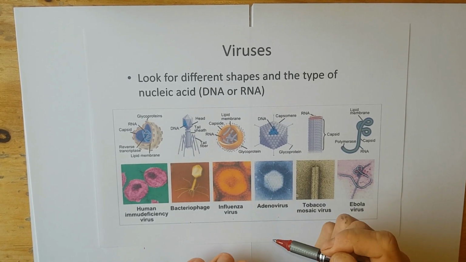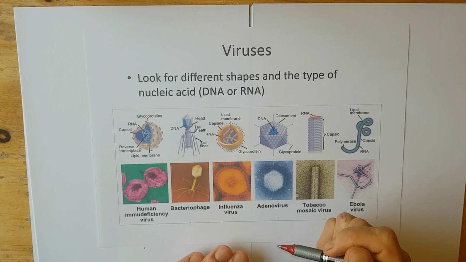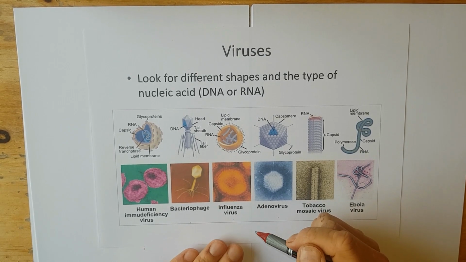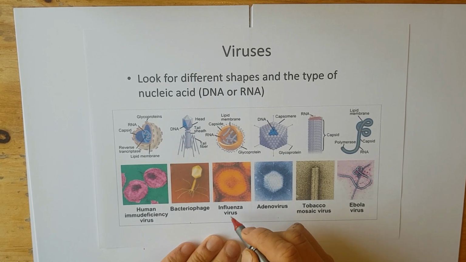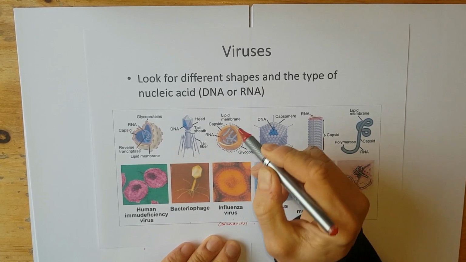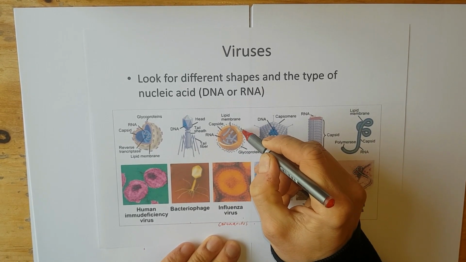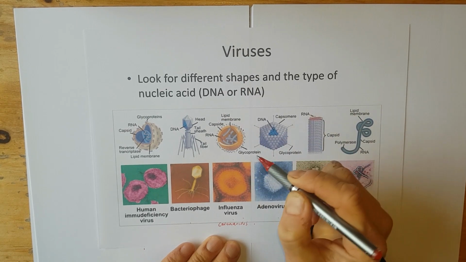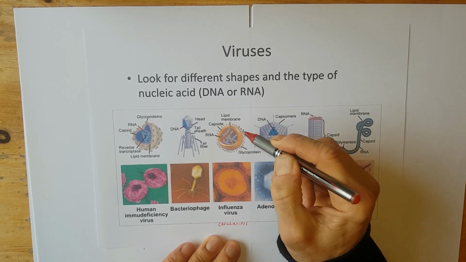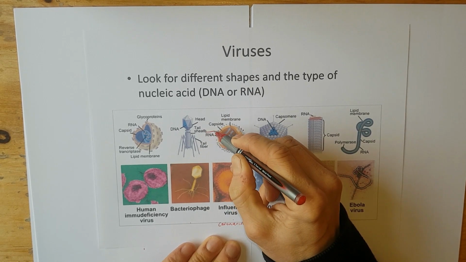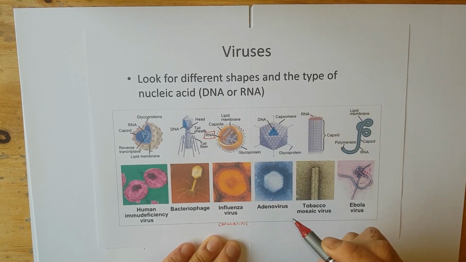And what you need is the shape and the type of nucleic acid. So for example, this influenza virus, this is a type of coronavirus because of these little crowns on here. So it's kind of round with glycoprotein sticking out, and the type of nucleic acid is RNA.